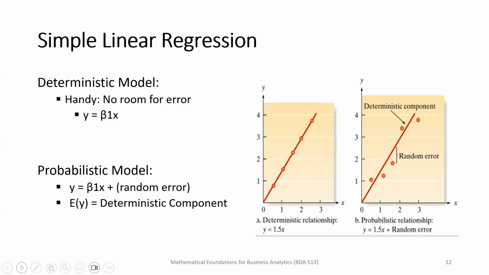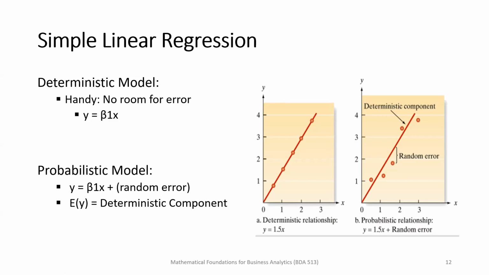In this case, if the first one was 1.5x, and we'll explain all that later, here we add the error term to it. So y is equal to beta x plus the error. With the probabilistic model, it makes room for error, whilst the deterministic model doesn't.